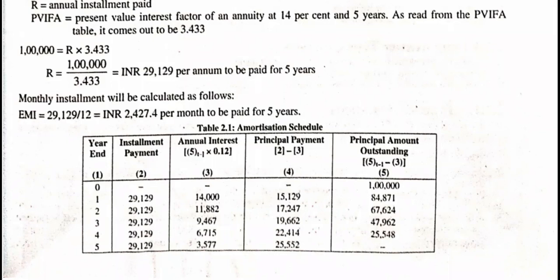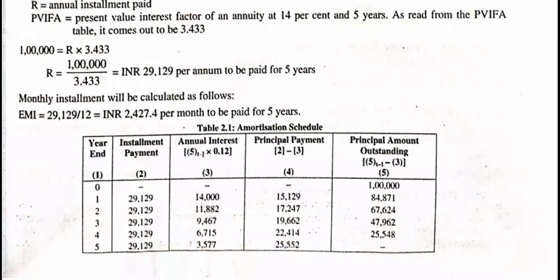Fourth year, 29,129 again installment payment. Interest on 47,962, 14% of that, you will get 6,714 rupees. Now 29,129 installment payment minus interest 6,715 of the fourth year, so you will get 22,417 rupees. 47,962, the principal of last year, minus the principal payment of the fourth year, that is 25,548 rupees.